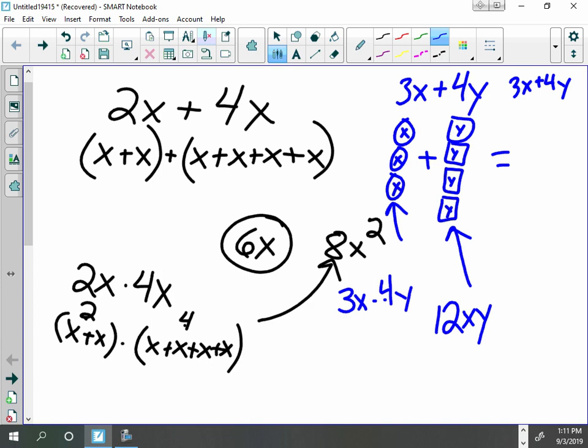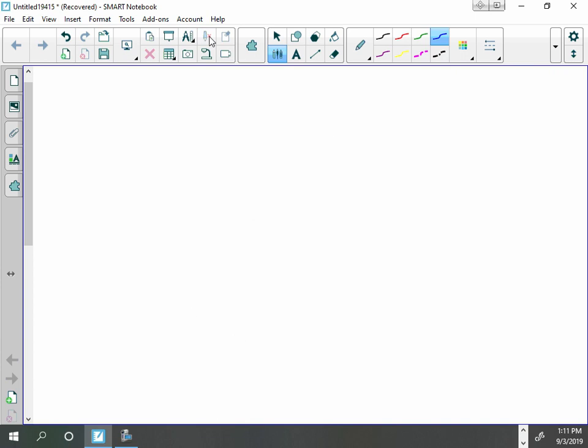Okay. For number 14, it says write the polynomial in standard form, which means you put it in order from biggest exponent to smallest. So for 14, we're going to write negative w to the 12th plus 4w to the 11th. That is called descending order, biggest exponent to smallest. And it says identify the degree. So this would be degree 12.